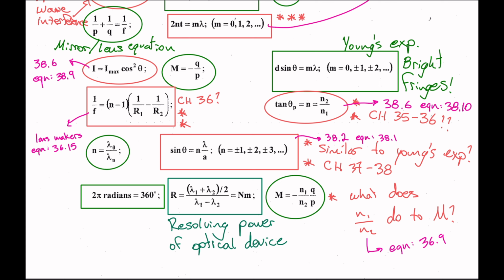So basically right here we have 2 different wavelengths, wavelength 1 and wavelength 2. When you add them together and divide by 2, on the top you get the average wavelength that your optical device is observing. On the bottom you have a difference of the same wavelengths. So this difference and this average on the top is telling you the minimum resolving power of your optical device if it can observe these kind of wavelengths here.